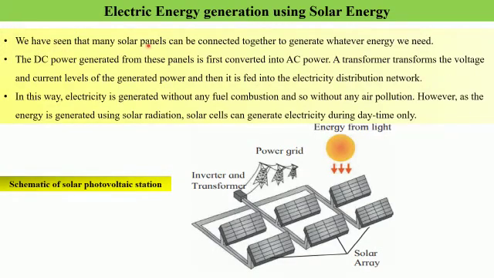We have seen that many solar panels can be connected together to generate whatever energy we need. The direct current power generated from these panels is first converted into alternating power. This is brought about with the help of the inverter. A transformer transforms the voltage and current levels of the generated power, and then it is fed into the electricity distribution network.